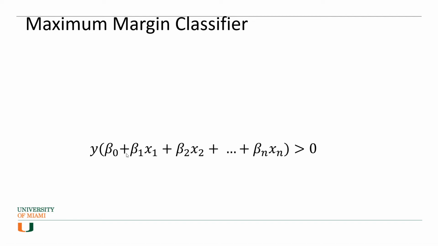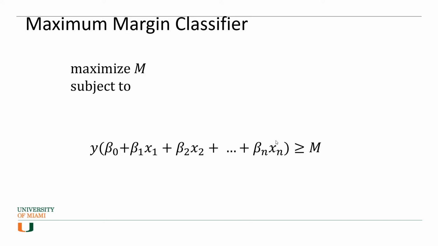Instead of saying that we want the observations to be either above or below the hyperplane, we can say that we want their distance to be larger than or equal to m, in which m is a positive value, right? So this is the distance, and what we want to do is basically maximize it.